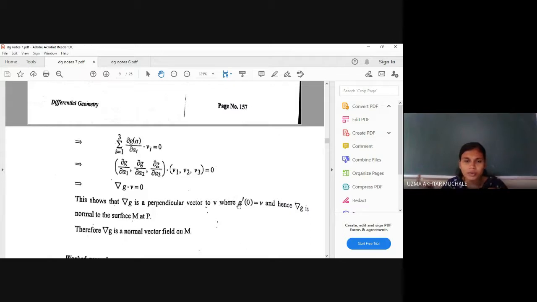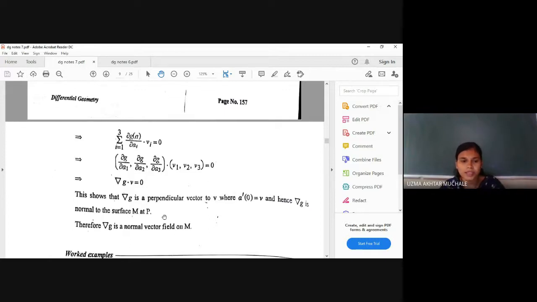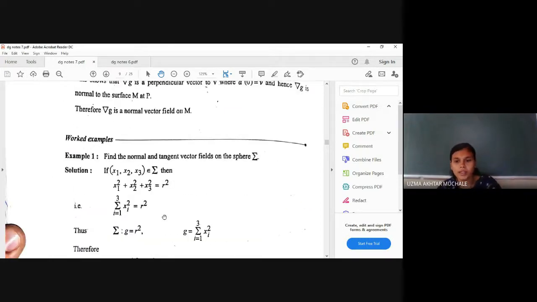So you go to a point, take one curve, and find the velocity vector. The velocity vector to the curve is nothing but the tangent vector to the surface, and the dot product with this term being equal to 0 means this should be a normal. Hence we can say del G is a normal vector.